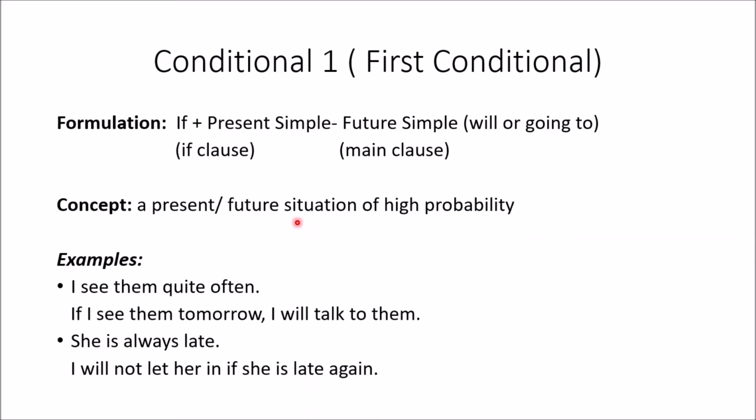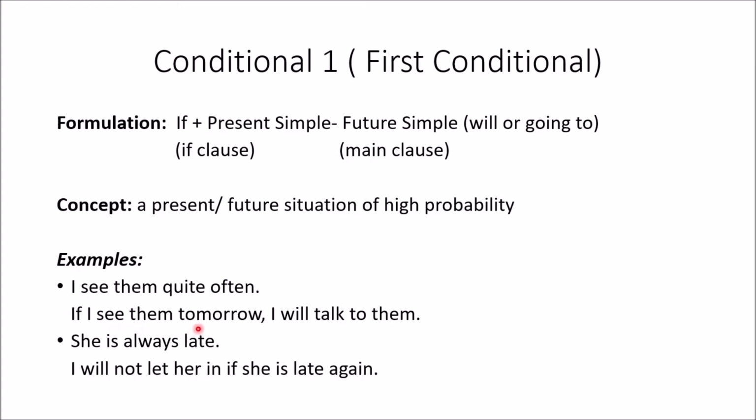So, in the examples below, we see a situation here. I see them quite often. If I see them tomorrow, I will talk to them. Now we are talking about a possible future situation.